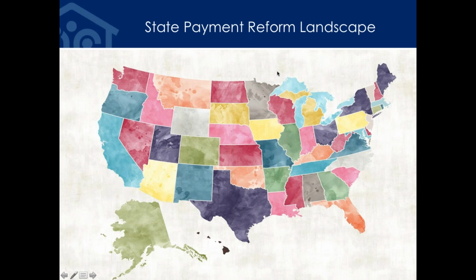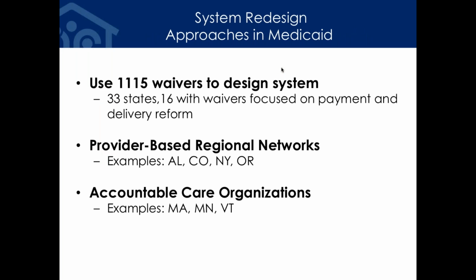And so now we have a broad idea of some of the things happening at the federal stage, but let's talk about the state stage. We talked about some different ways that states are approaching payment reform. First, there's the big whole system redesign approach.